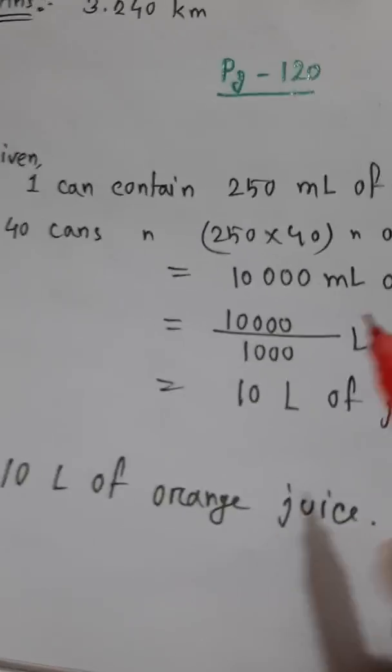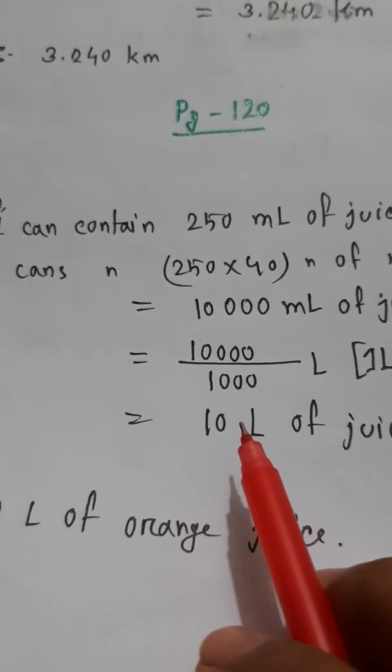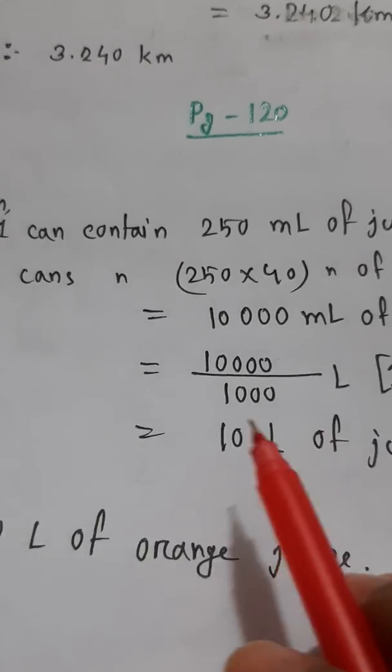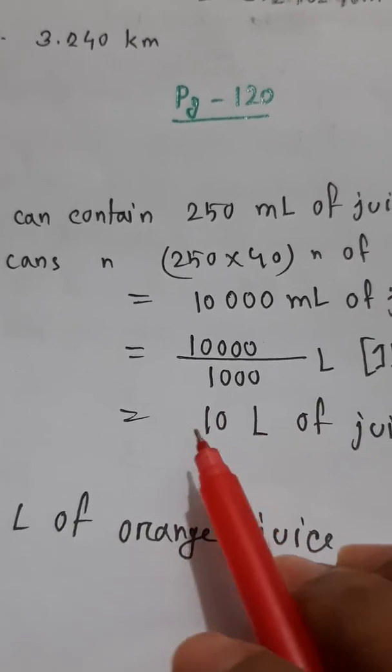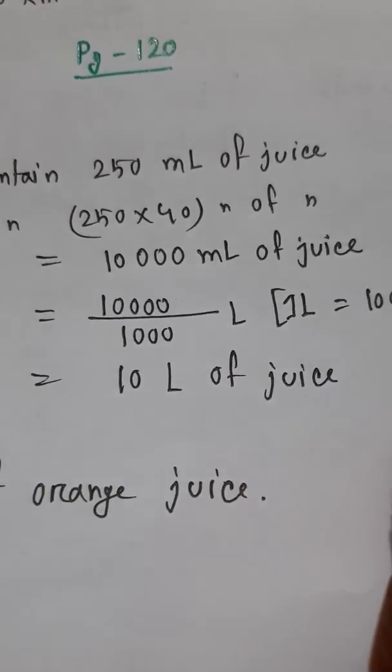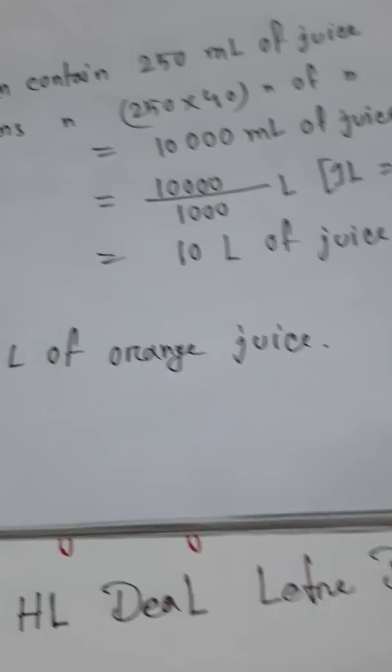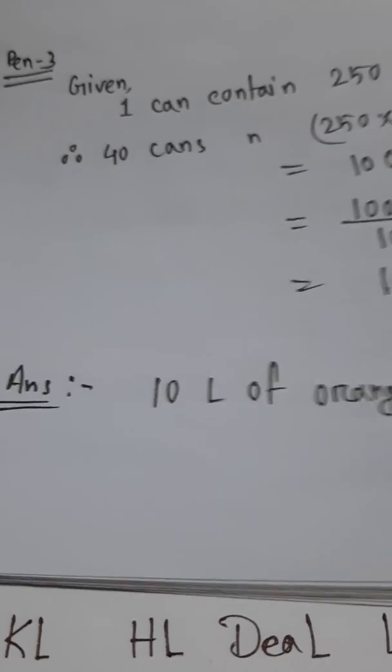But after the decimal we keep no zeros. So the answer is 10 liters of orange juice.